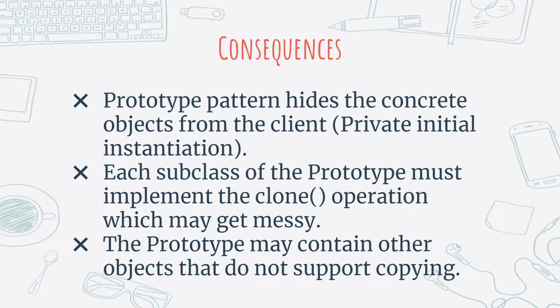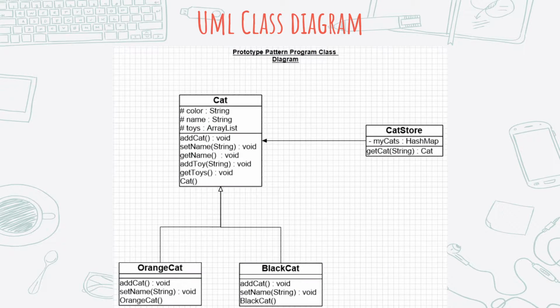The consequences are that a prototype pattern hides concrete objects from the client. Going back to this UML diagram, the concrete objects are hidden in this hash map, which is a private static object within this cat store client.